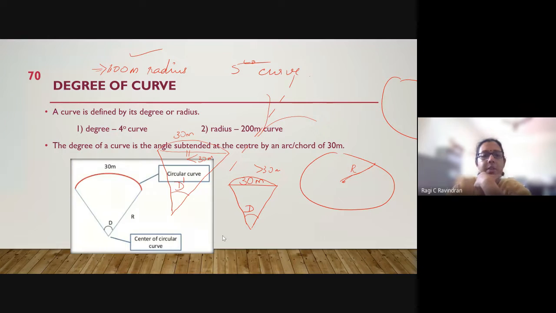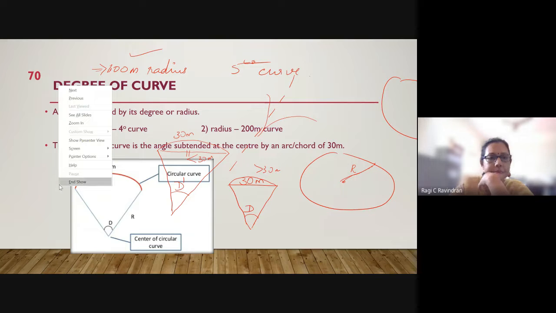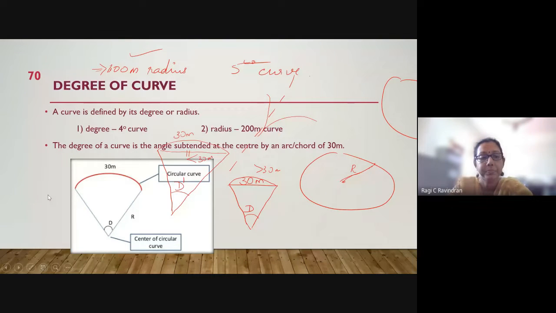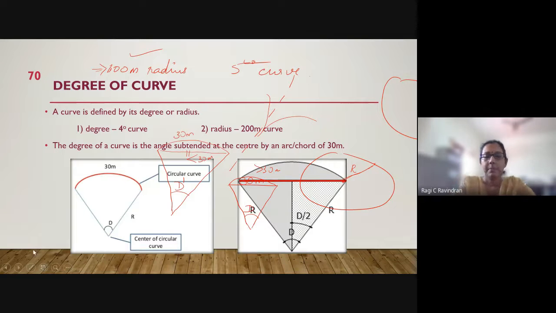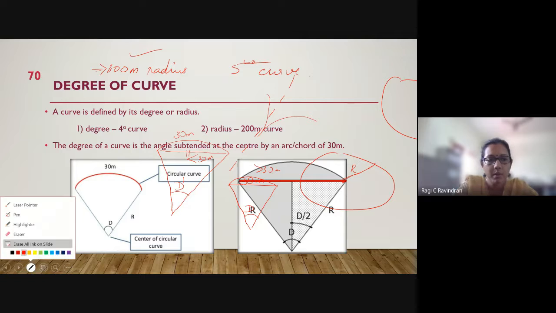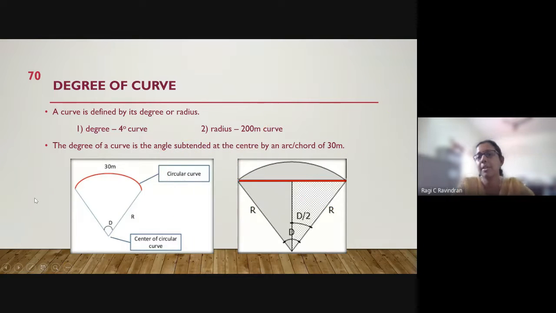So this is a figure in which you can see a 30-meter circular arc, and this is the angle subtended by this 30-meter arc, which is known as the degree of this curve, and this is the center point, and R is the radius. And this is a figure for the 30-meter chord.